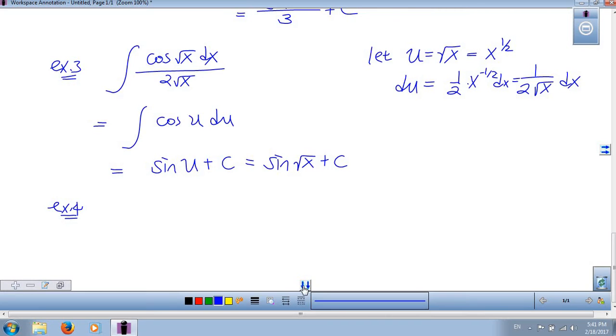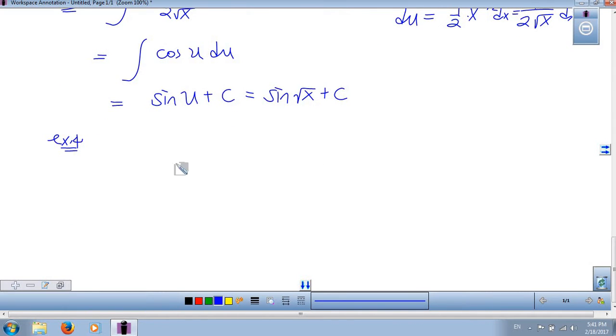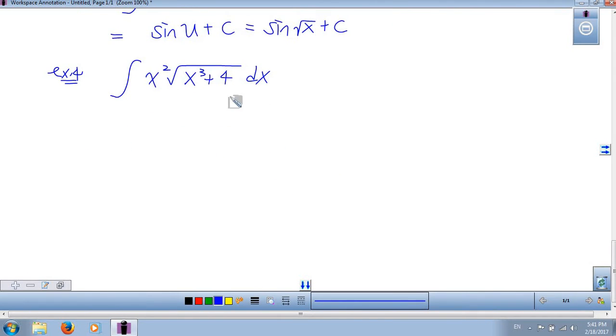Now let's go and try something a little bit different. Alright, x squared times square root of x cubed plus 4 dx. There are so many things here. You have x squared times square root of x cubed plus 4. The square root is a function by itself, but inside it has x cubed plus 4.